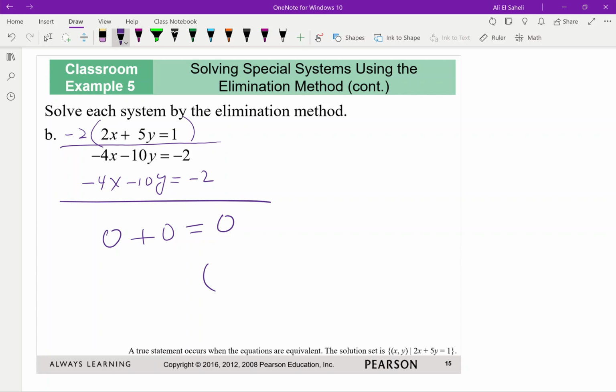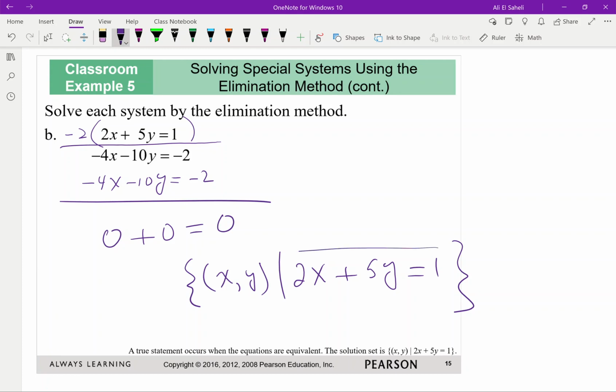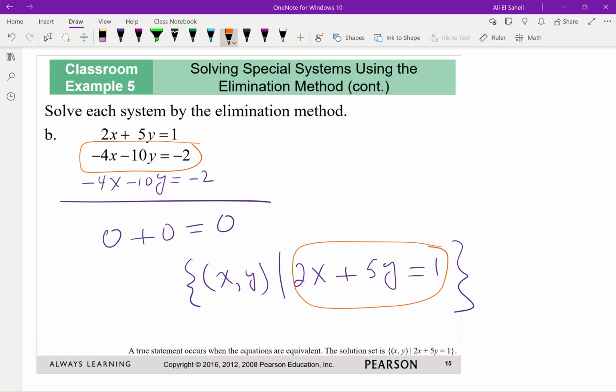So the solution is the set of all x, y such that 2x plus 5y equals 1. Infinitely many solutions. Any x, y pair that satisfies this condition is a solution. Now, of course, you could state that it should satisfy the second condition, but like I said, it's the same, except this is a simpler form.